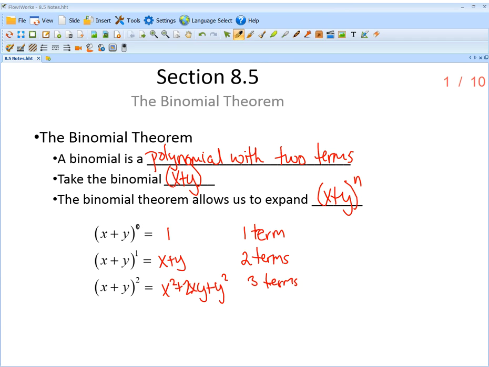So the first thing that we could talk about right away is looking at this binomial expansion. So we had x plus y to the 0, to the first, or to the second. And the number of terms that you're getting is always one more than the degree. So when my degree was 0, I got one term. When my degree was 1, I got two terms. When it was 2, I got three terms.